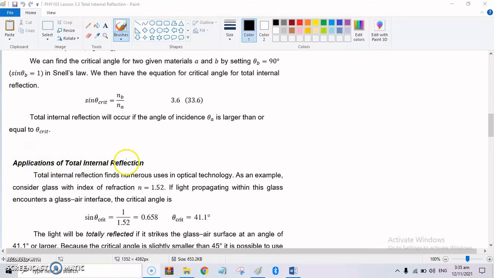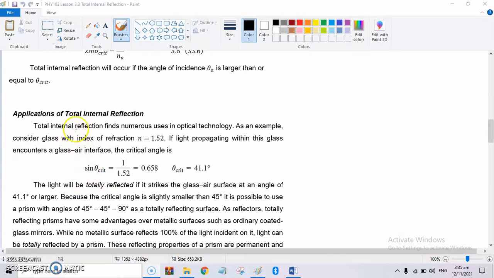Applications of total internal reflection. Total internal reflection finds numerous uses in optical technologies. As an example, consider glass with index of refraction n equals 1.52. If light propagating within this glass encounters a glass-air interface, what is the critical angle?